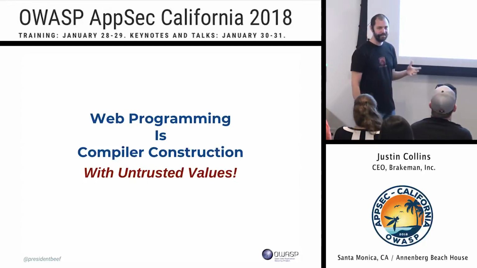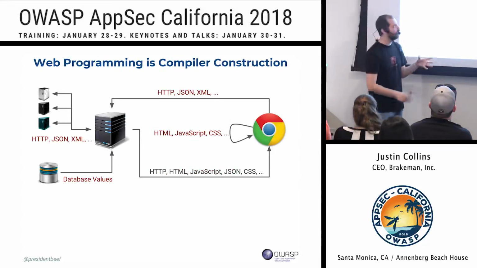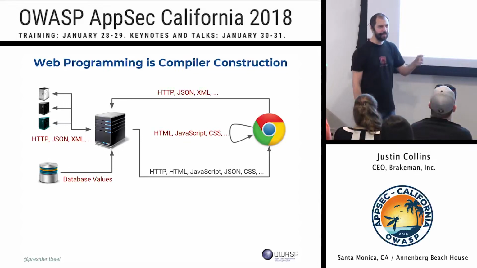And that just makes it even harder. So we have this complicated system where we're building this compiler, and we also have to worry about people giving us values that are untrusted and unsafe and handling those all correctly to generate safe code for our users and for our backend and so on.